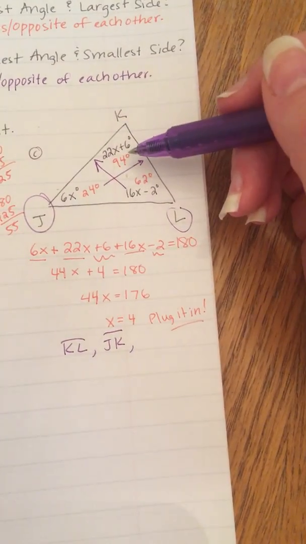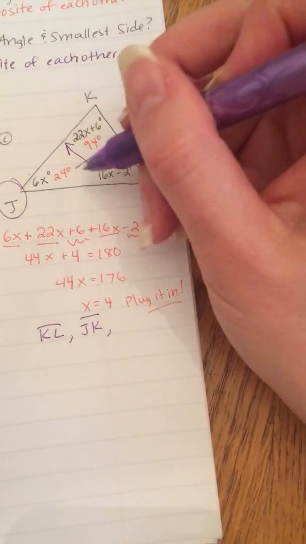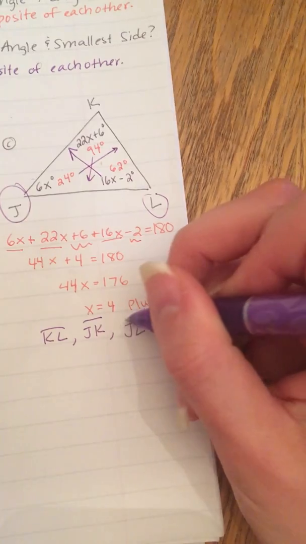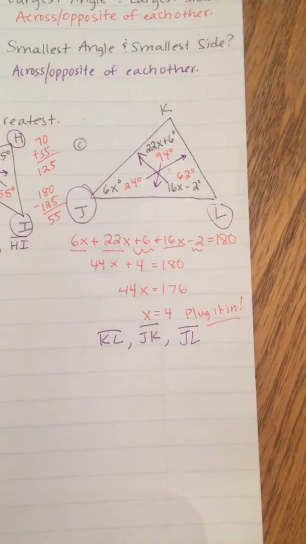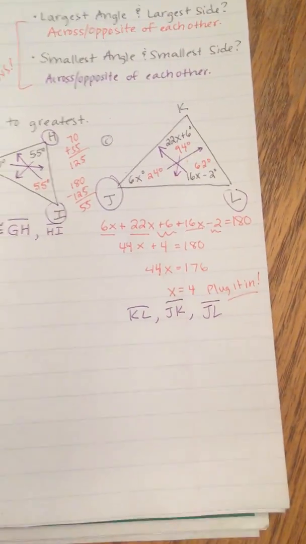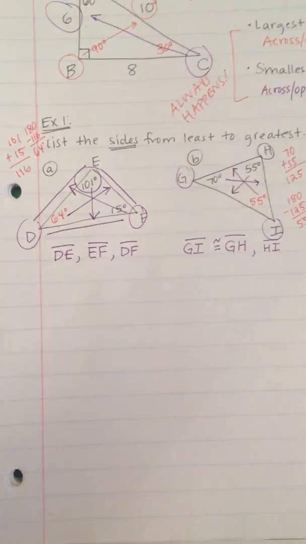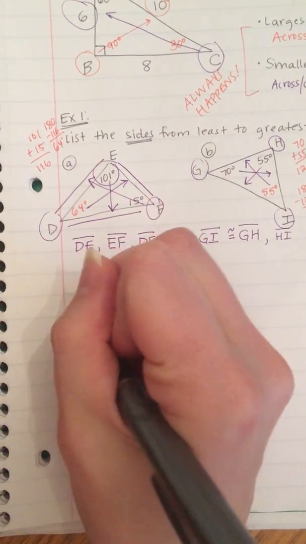And then the largest angle, angle K, is across from JL. Okay, so there are the sides listed from least to greatest. So now let me reverse it on you. We are now going to list the angles from least to greatest.